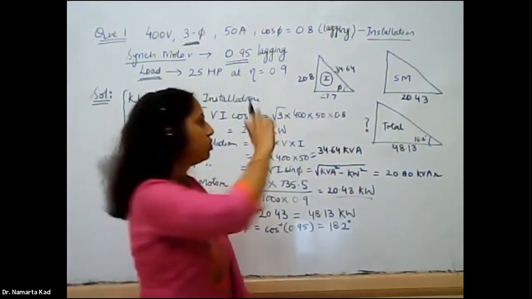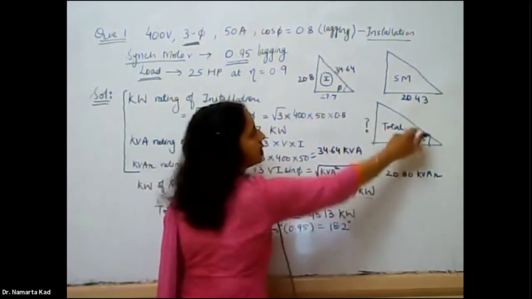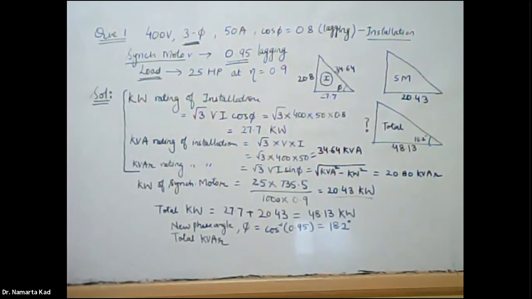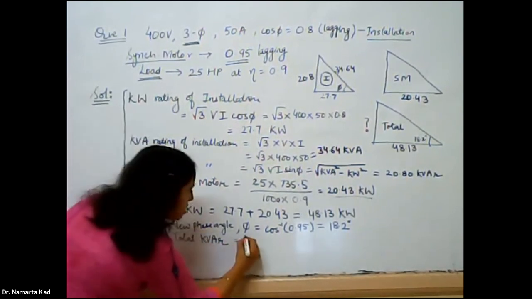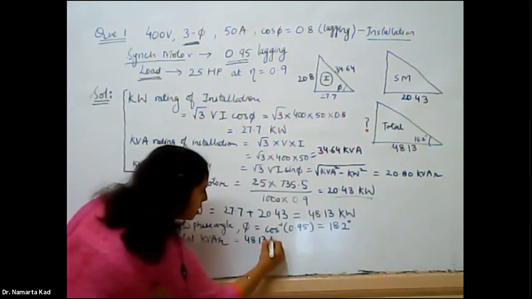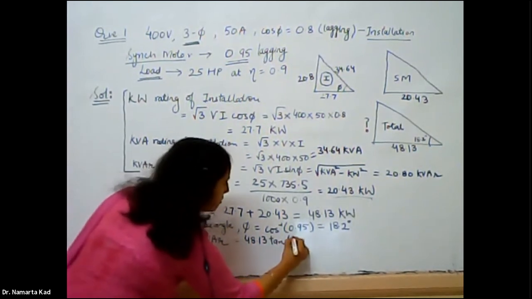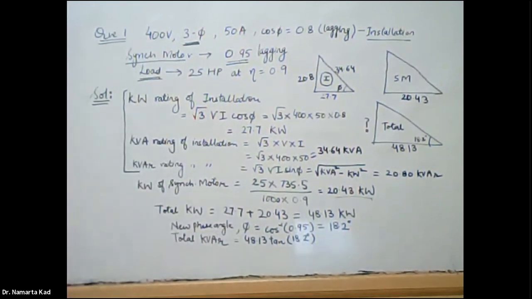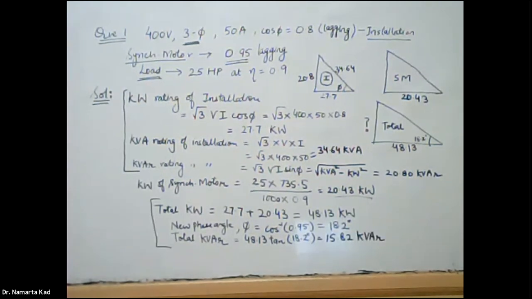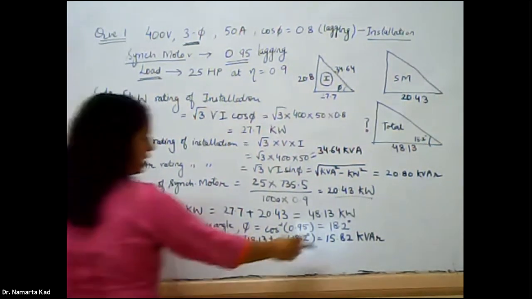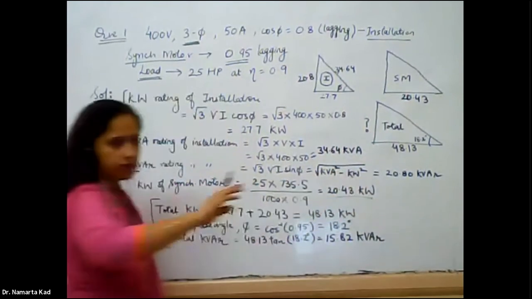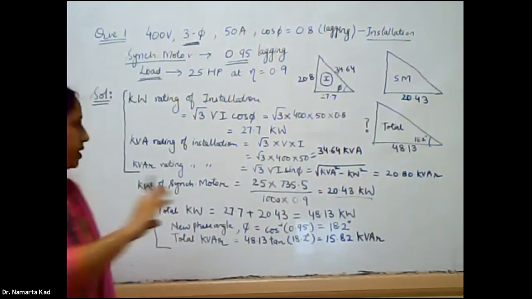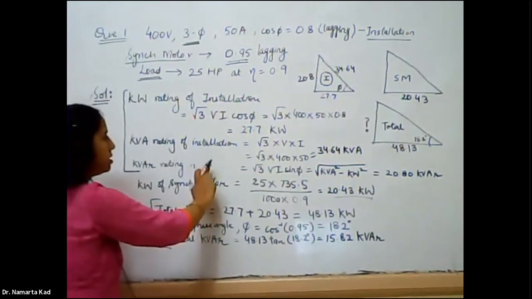So the perpendicular is base multiplied by tan of 18.2 degree. So the total kVAR comes out to be 48.13 tangent of 18.2 degrees, which comes out to be 15.82 kVAR.